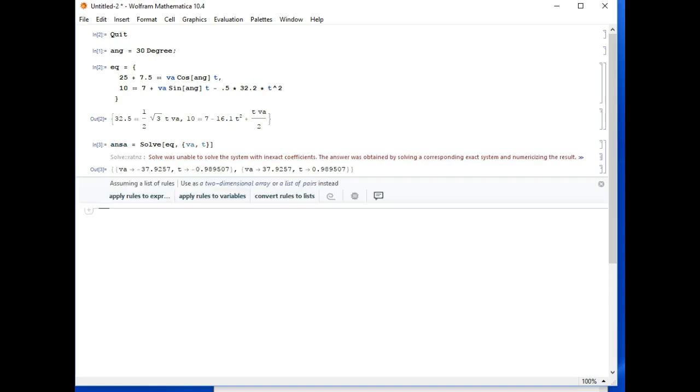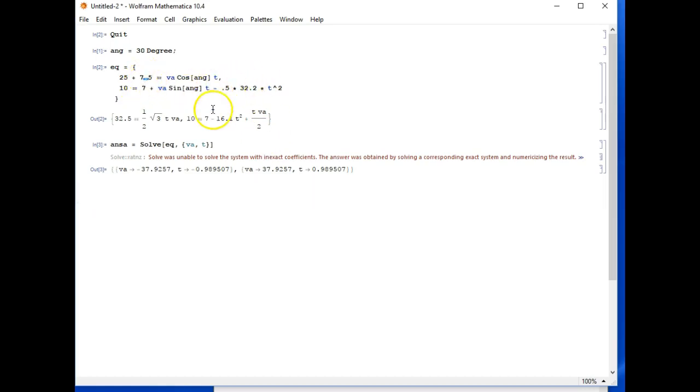So we go here. It says it doesn't really like these inexact coefficients. Remember, Mathematica was written by mathematicians, or inspired by mathematicians. They like to use exact coefficients. The way you can get exact coefficients is to get rid of anything with a decimal point. So for example, instead of 7.5, you can call it 75 divided by 10.